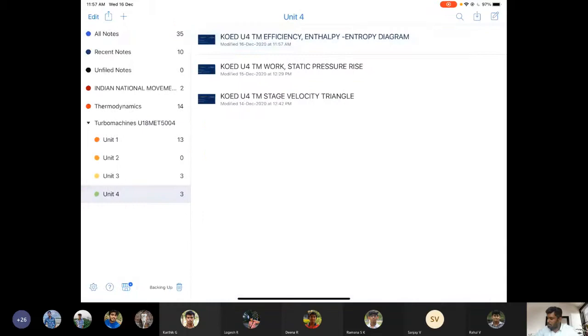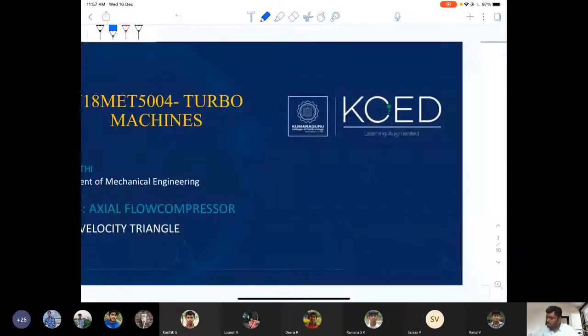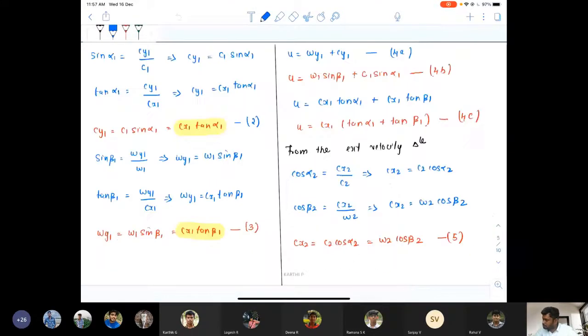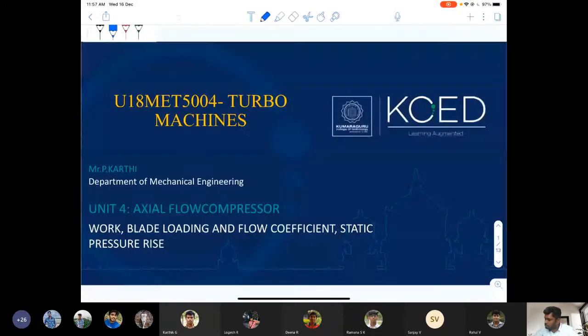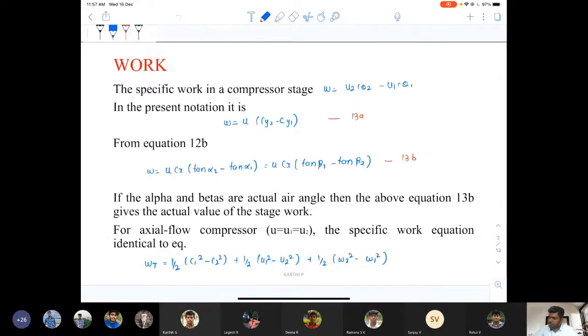You can see this here. While defining the work, we have defined W is equal to U into Cy2 minus Cy1, and W is equal to U Cx tan alpha 2 minus tan alpha 1, which is equal to U Cx tan beta 1 minus tan beta 2.